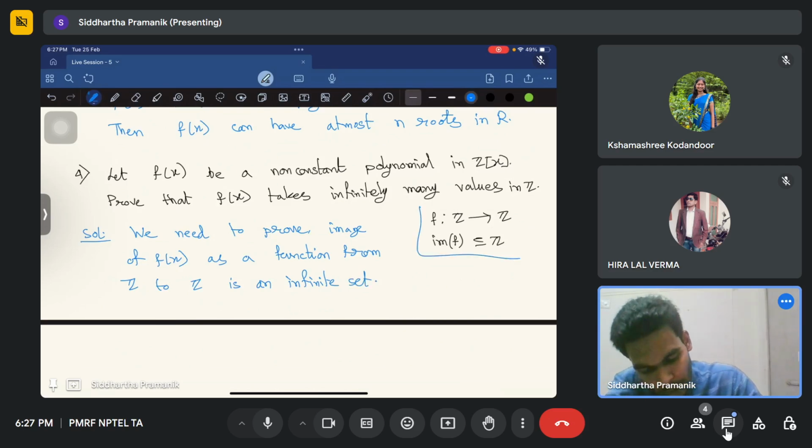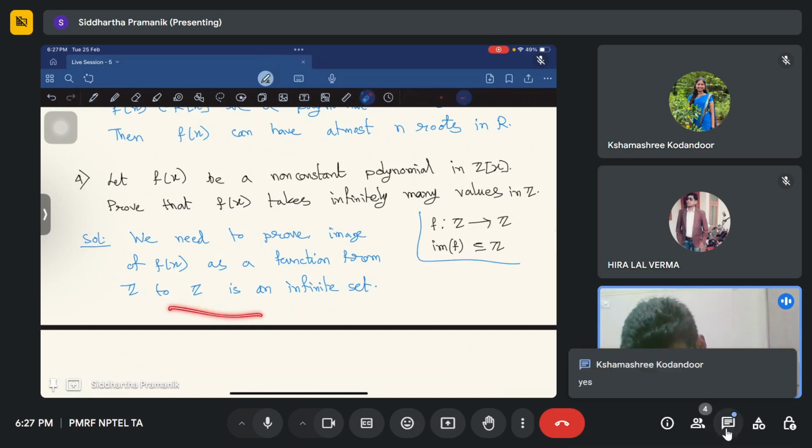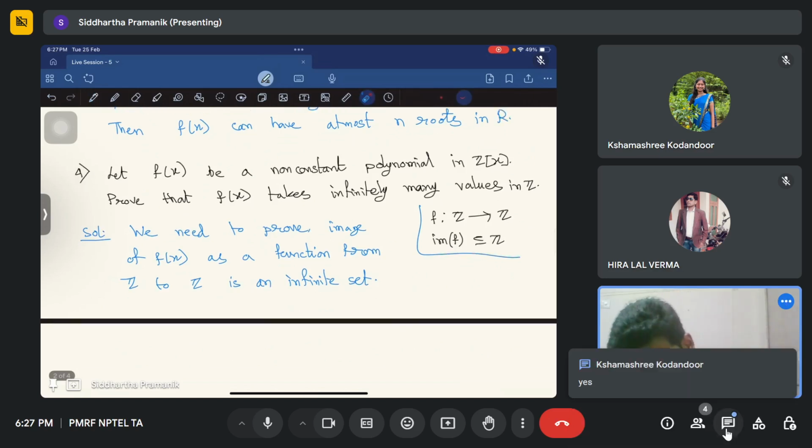So up to this, is it okay? So did you understand this statement correctly? I mean, it is clear from this. Okay. So how to prove this?